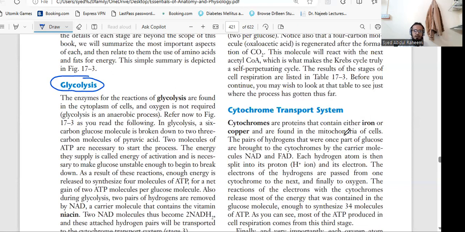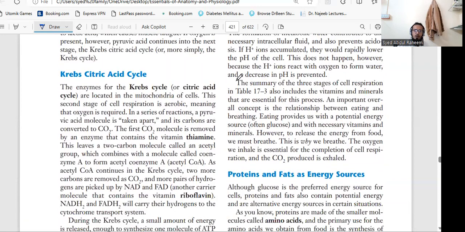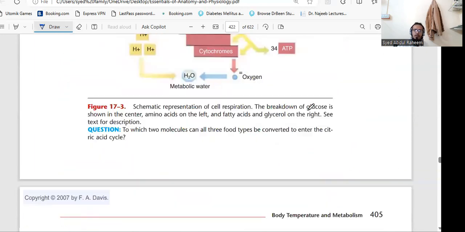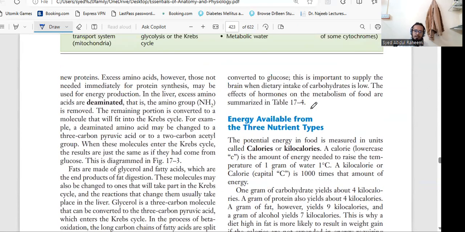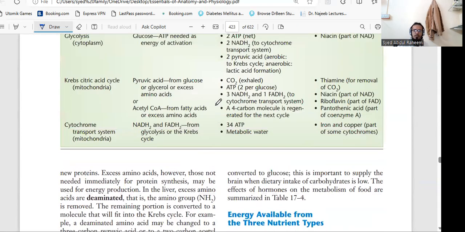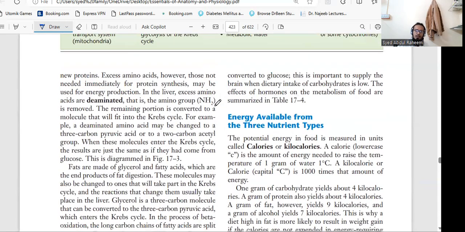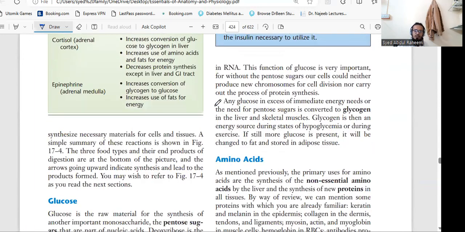glycolysis, and fourth is the cytochrome transport system, and we have protein, fats, and carbohydrates, how they digest in the food. Their step-by-step procedure is there, and how we get energy from the food. Okay, how it will digest and convert.